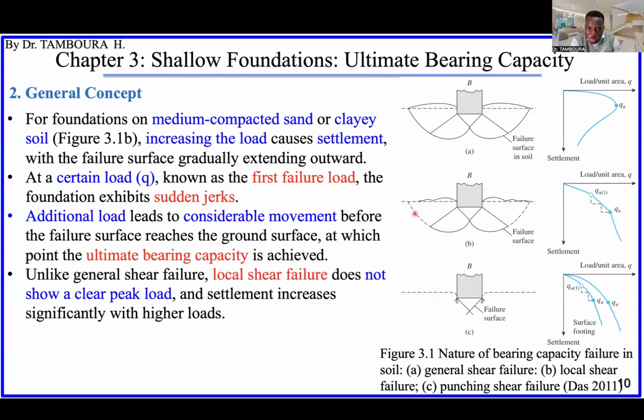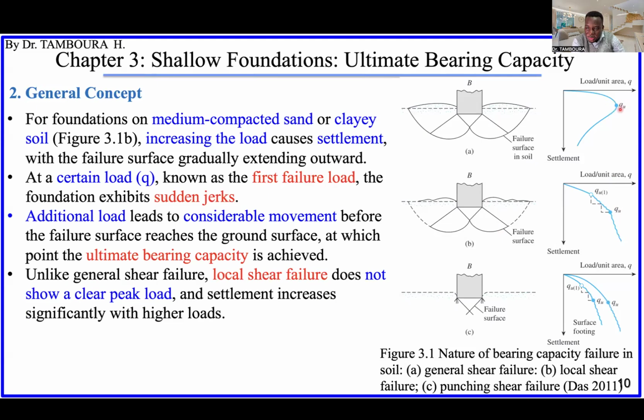So this one is what we call here local shear failure. Okay. This one was general shear failure. Okay. So unlike the general shear failure, the local shear failure does not show a clear peak of load.